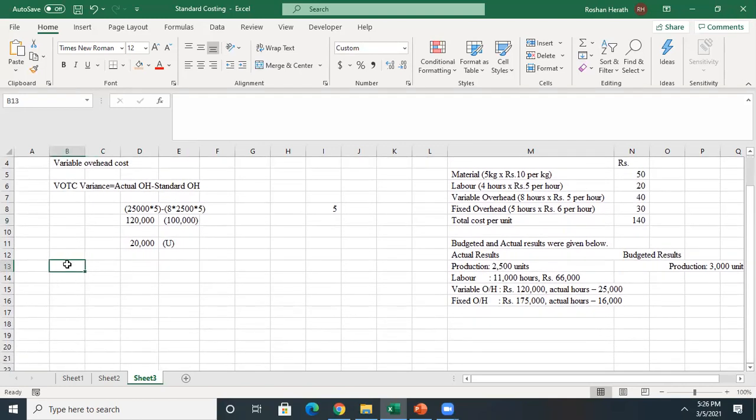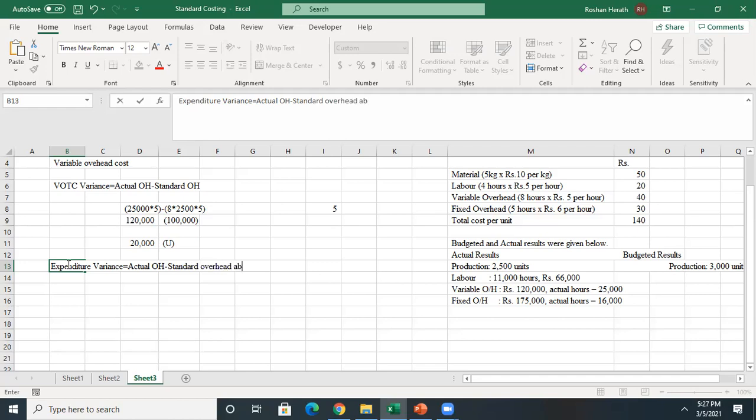And then you can do the expenditure variance. It's about actual overhead minus what? The standard. Sorry. Overhead absorbed, no?